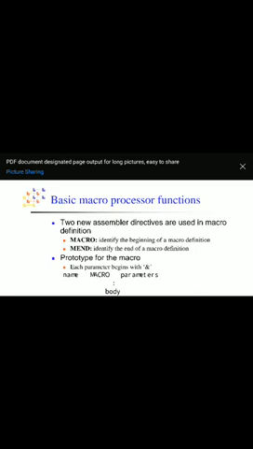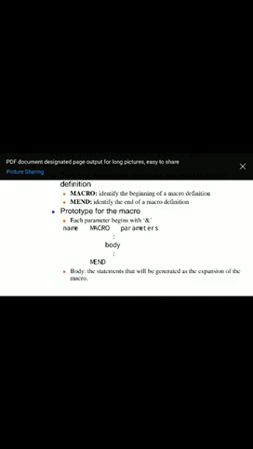Generally, if you want to define a macro, you will be using two assembler directives, that is MACRO and MEND. MACRO gives the beginning of a macro definition, and whenever you want to end the macro, you have to give MEND. See how it is given in the example.